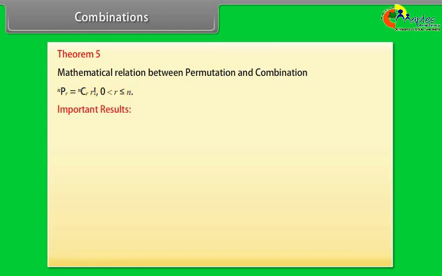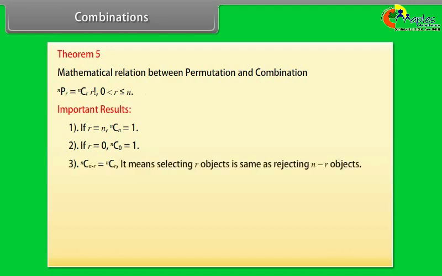Important results. 1. If r is equal to n, nCn is equal to 1. 2. If r is equal to 0, nC0 is equal to 1. 3. nC(n minus r) is equal to nCr.